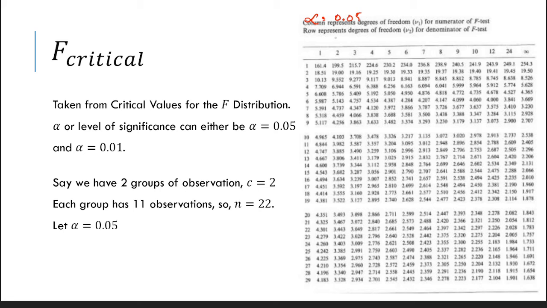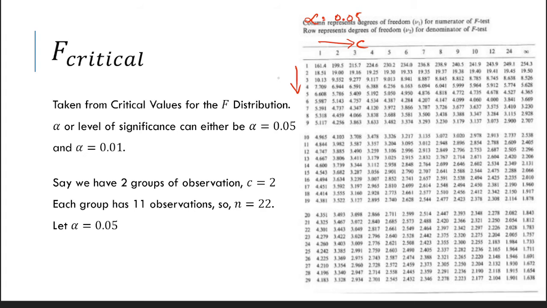So, kumbaga, paano gamitin ito? All we need to do is we just need to get the number of groups and kung ano yung observations dun sa bawat group. So, for example, we have two groups. So, ang mangyayari, that will be C is equal to 2. And for each group, we have 11 observations, 2 groups times 11, that will be 22. Okay? So, paano natin gagamitin yung values na yan? So, itong nasa taas, that will be actually the value of your C's.